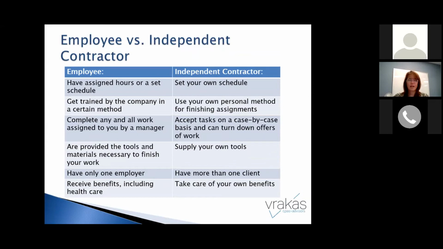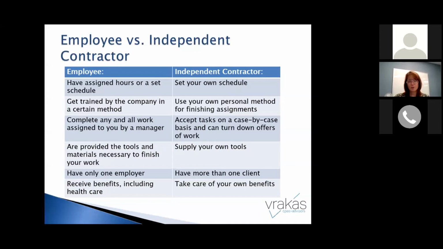Or if they're doing the task, what's the end result? So you have to look at all the questions that are involved to determine who is an employee and who's an independent contractor. The IRS is looking at this more and more.